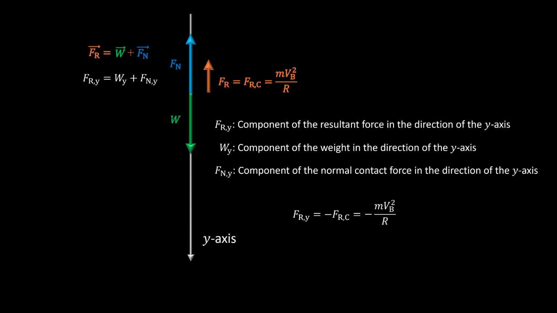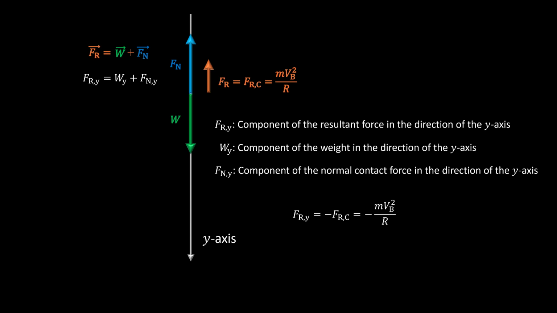My y-axis is vertically downwards. The centripetal force has already been deduced to be pointing vertically upwards. So it is contributing its value vertically upwards and therefore opposite to my y-axis. So we are going to say that it is contributing minus mvb squared over r in the direction of my y-axis.